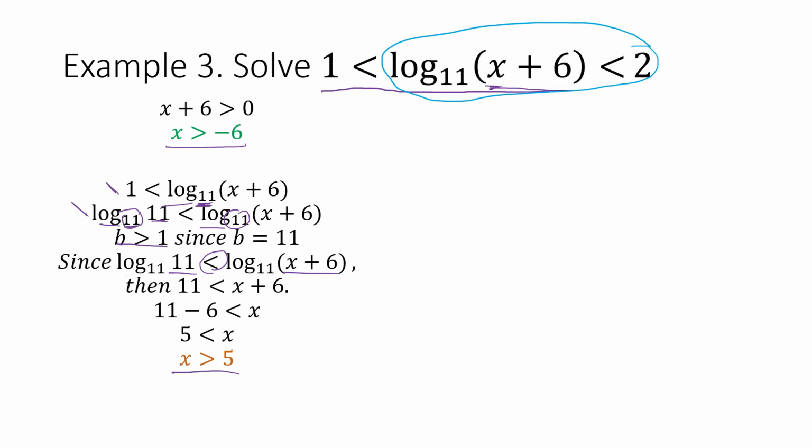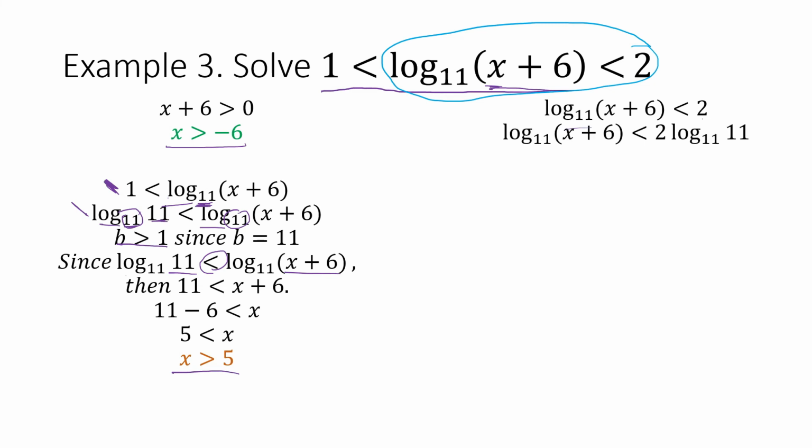Okay, we have encircled here the next logarithmic inequality. So we have logarithm of x plus 6 to the base 11 is less than 2. Like what we did with the first inequality, where we expressed 1, the constant term, in terms of a logarithm to the same base, we'll also express 2 in terms of a logarithm to the base 11.